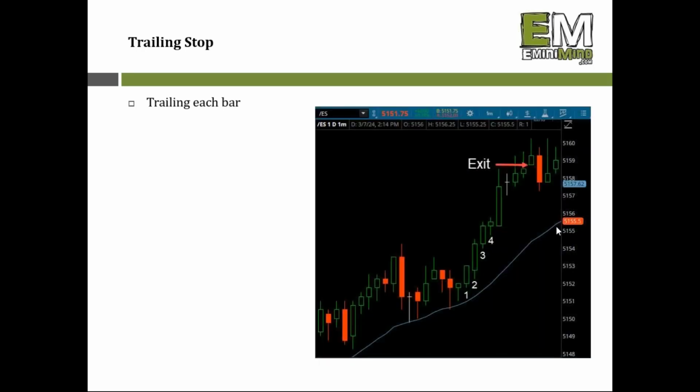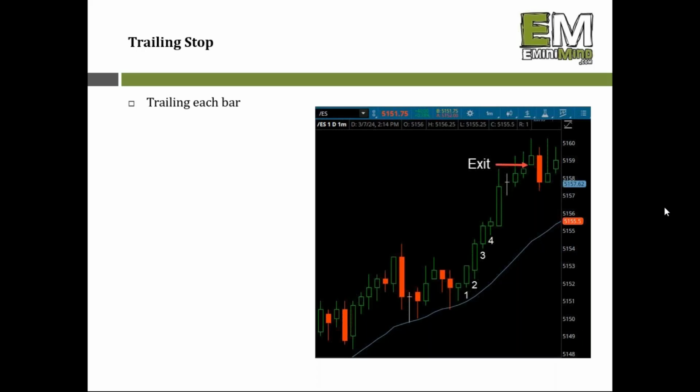So we talked about trailing each bar. One thing I will do, if my stop is below the signal bar, so below the hammer, and we start to take off, if we get 4 green candles in a row in the case of a hammer, I will immediately move my stop underneath that 4th candle low.